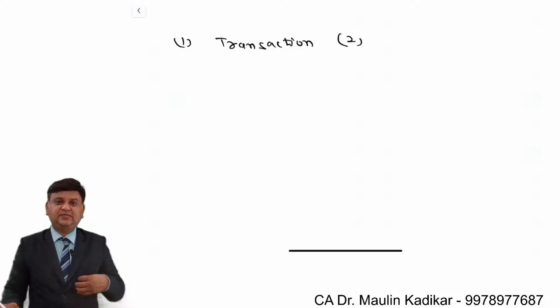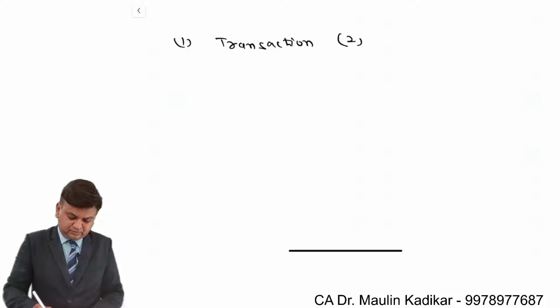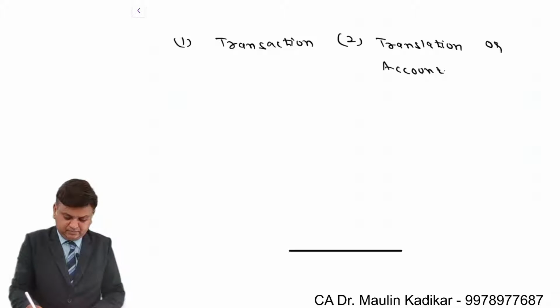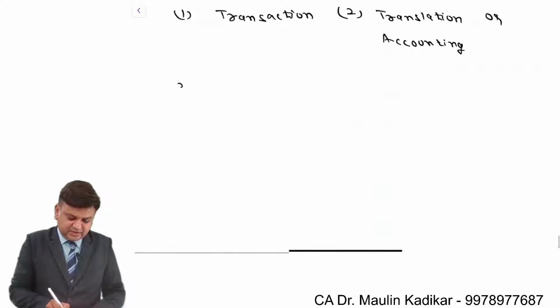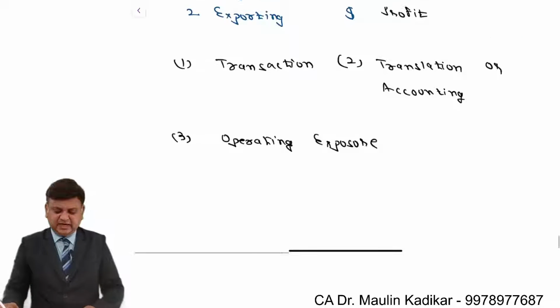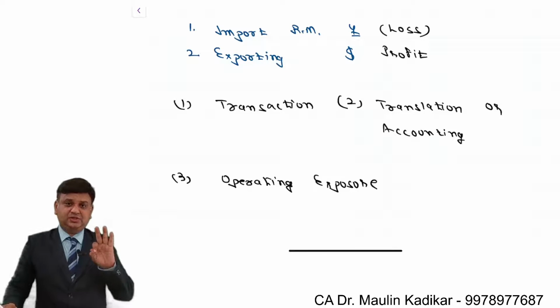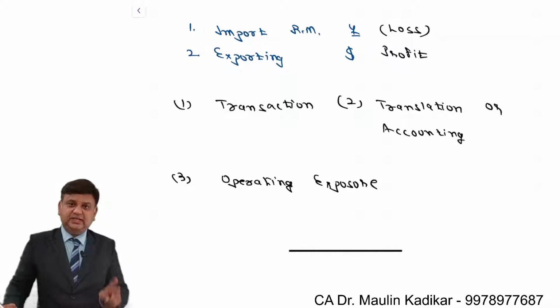The second is translation exposure, or it is also called accounting exposure, and third is the operating exposure. That is the way we have these three kinds of exposures.